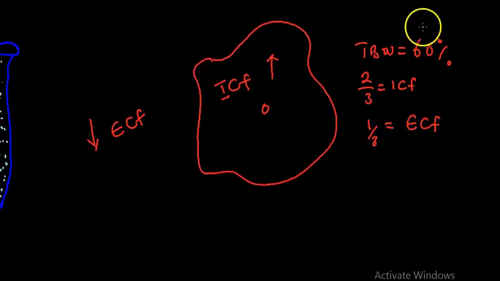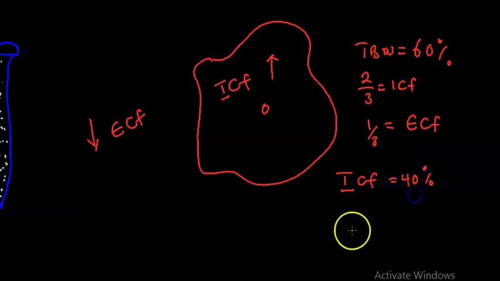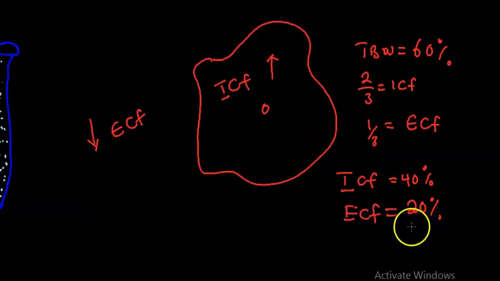Since we have 60%, his ICF, since it's 2/3, is simply going to be 40%, and the ECF, which is the extracellular fluid, is simply going to be 20%. 20 plus 40 is simply going to be 60%.